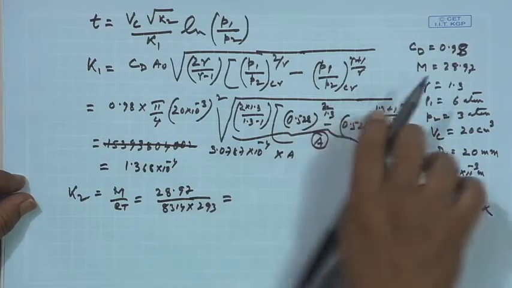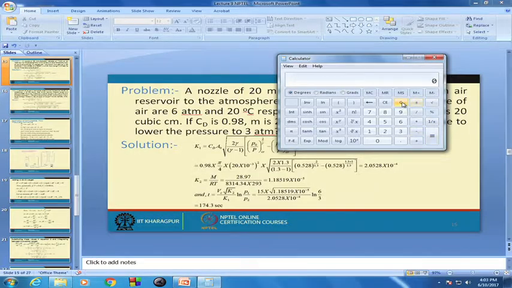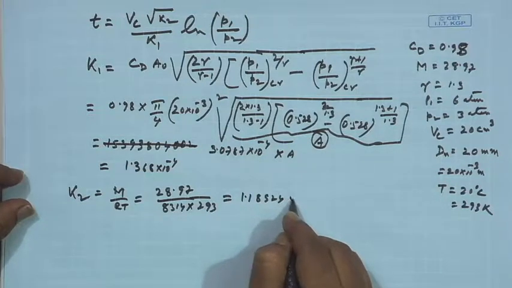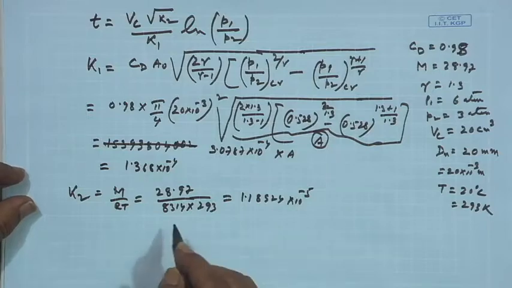So this is equal to 28.97 divided by 8314 divided by 293. So this is equal to 1.18, right. This is equal to 1.18924 times 10 to the power minus 5, K2, right.